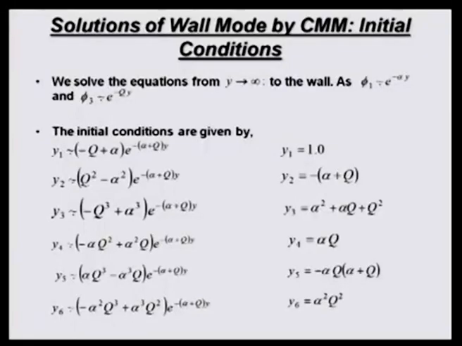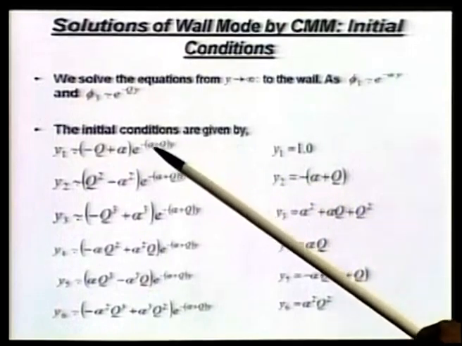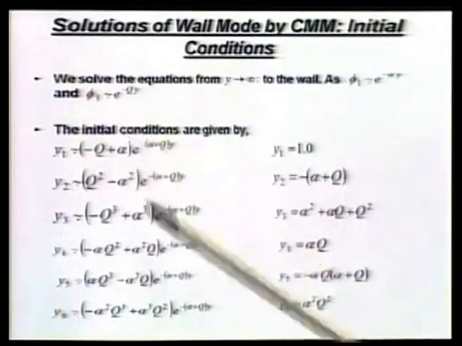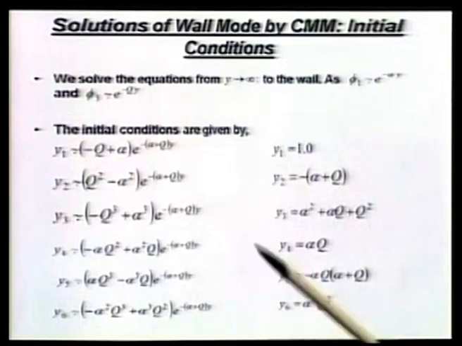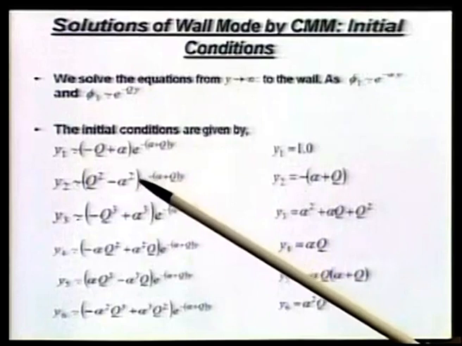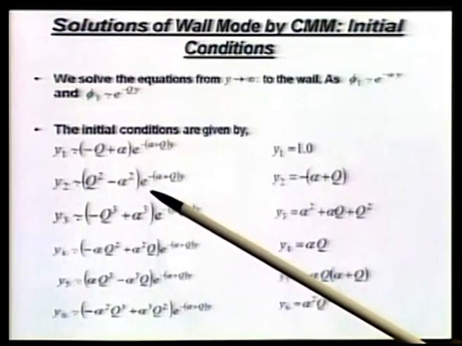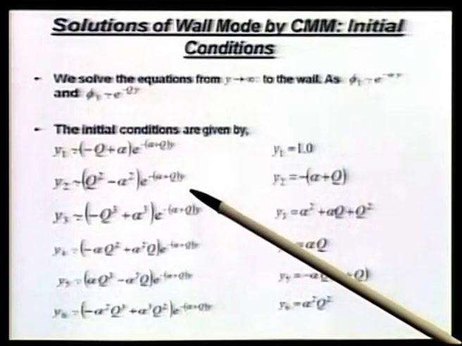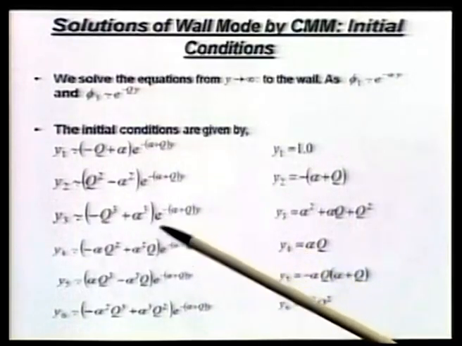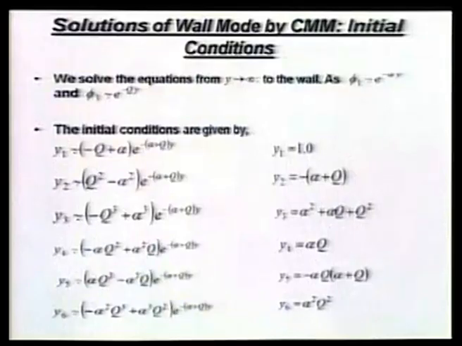That is what we have done. We have pulled it out, and this is what we get. Same thing, go ahead and plug those expressions for phi 1 and phi 3 and put them in here. Y 2 will be nothing but q square minus alpha square times the same exponential factor. Y 3 is this, y 4 is this, y 5, y 6 are.